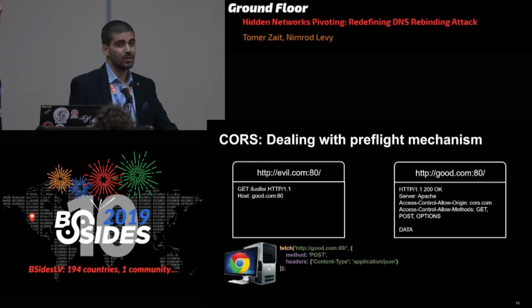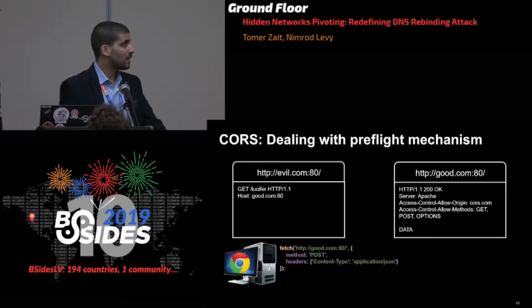And if it cannot, the request will be blocked. If it can, the next request will be the actual request with all the parameters.